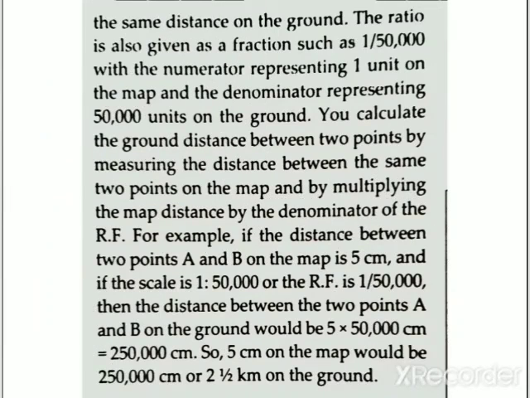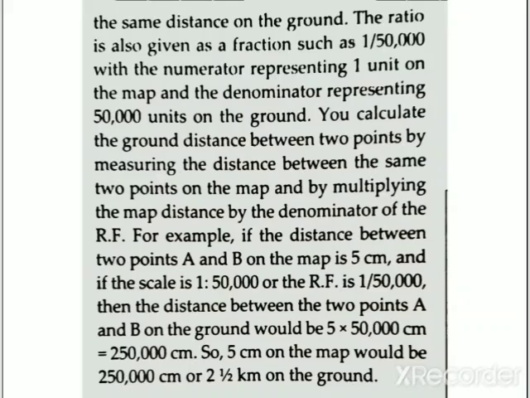The ratio is also given as a fraction such as 1 by 50,000, with the numerator representing 1 unit on the map, and the denominator representing 50,000 units on the ground. So 1 unit on the map equals 50,000 units on the ground.